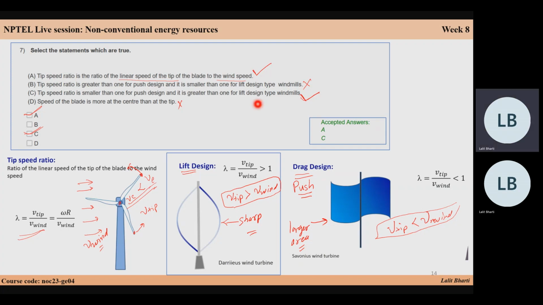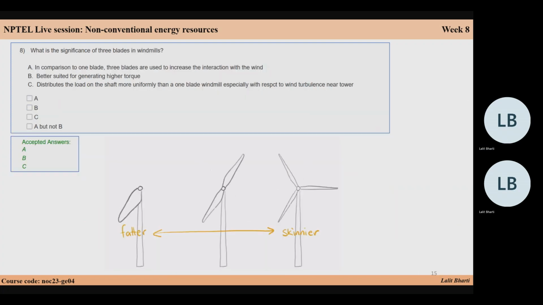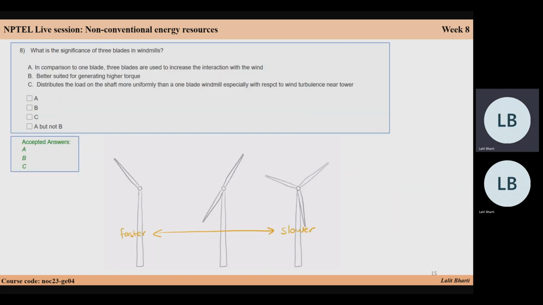Now we'll take the next question. As we have some time, we can take a break of 5 to 10 minutes and then we will be coming back.